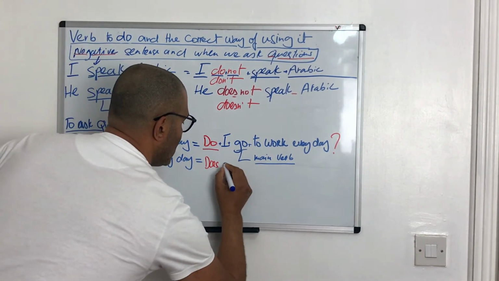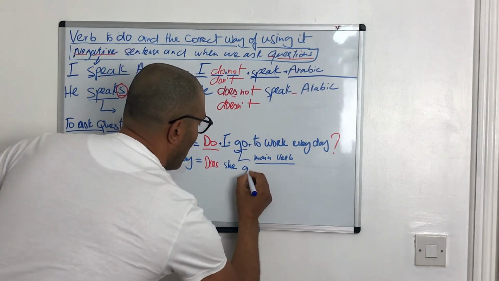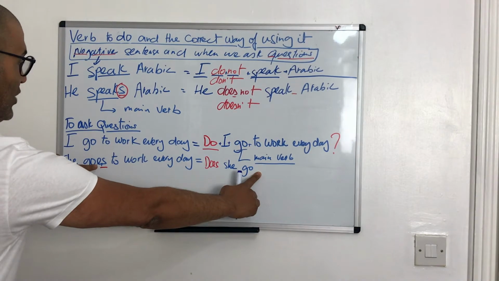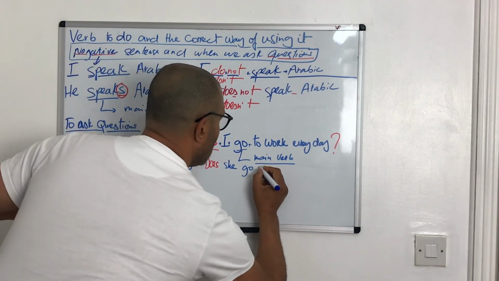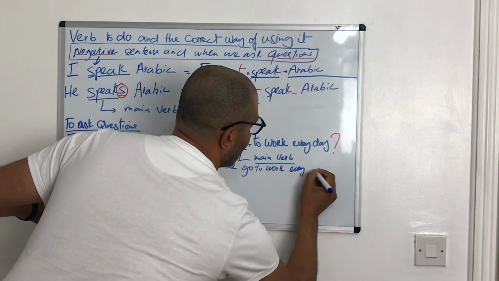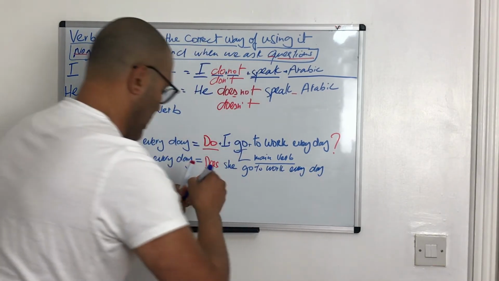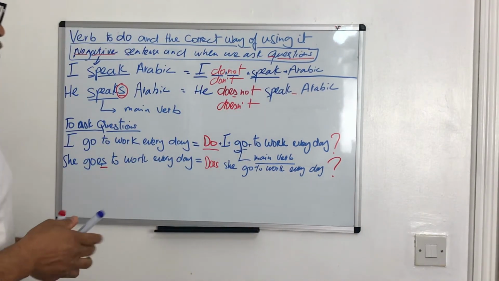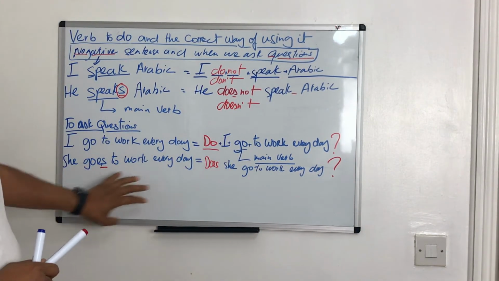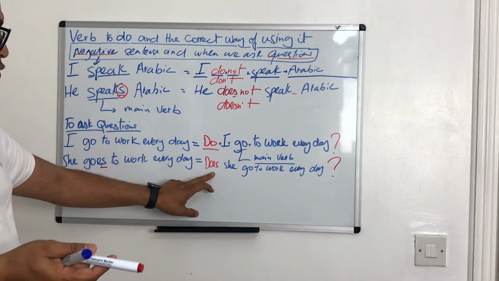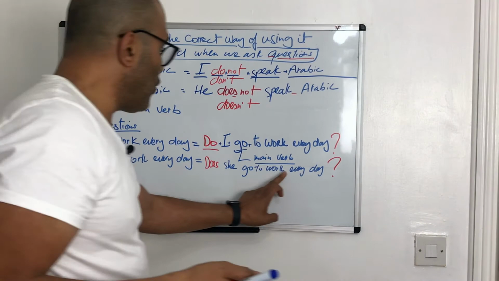Now: does she go, without the s. We remove the s. Does she go to work every day? And don't forget the question mark. So she goes to work every day; when you ask a question: does she go to work every day?